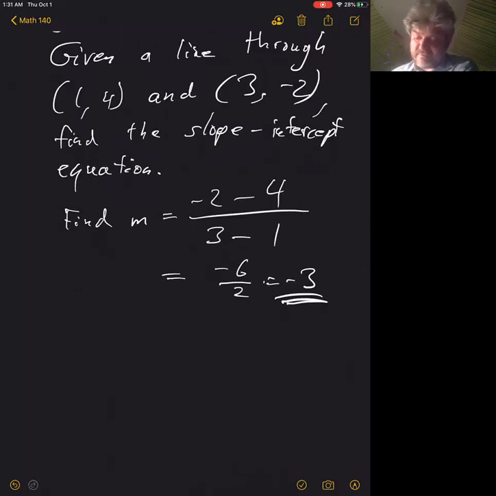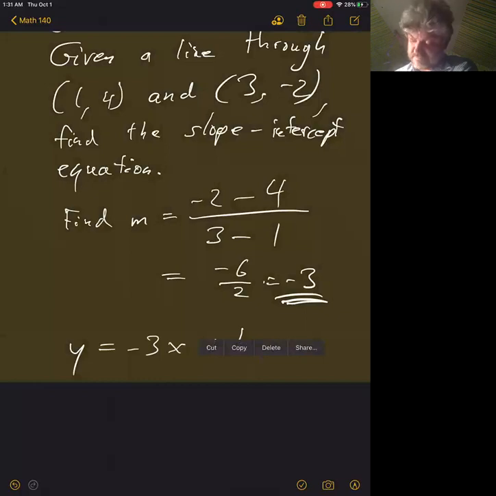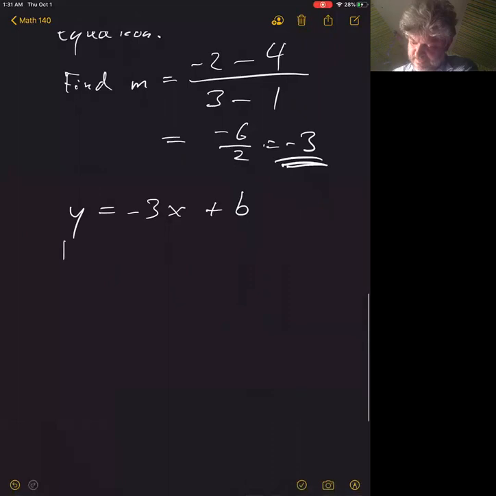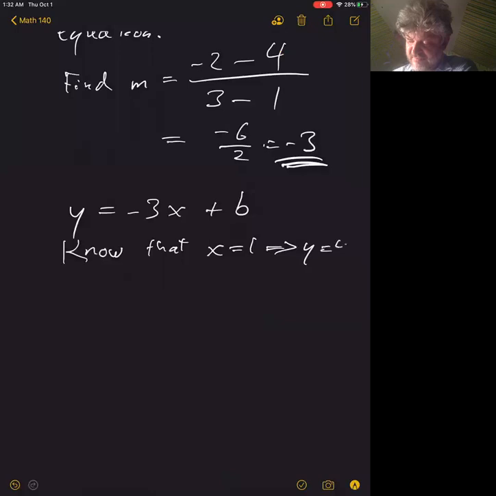And then find the b. I know at this point already, it's going to look like y is negative 3x plus that unknown b. And when x is 1, y needs to be 4.